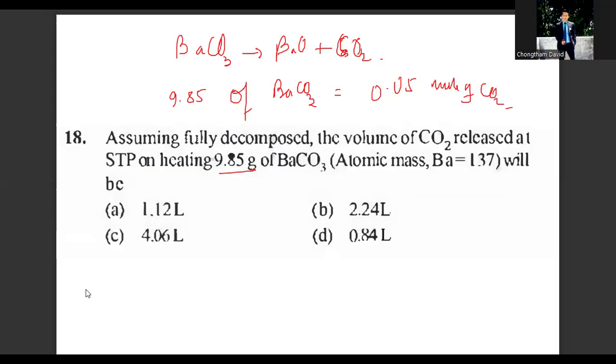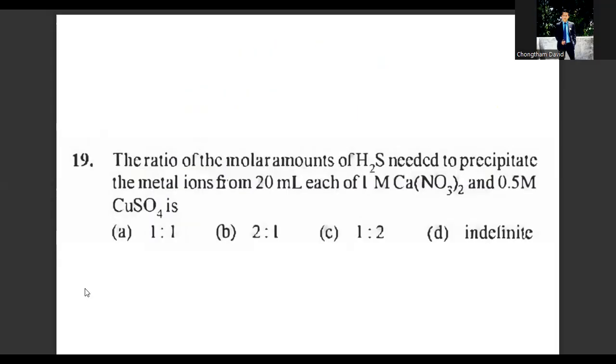Question number 19. The ratio of the molar amounts of hydrogen sulfide needed to precipitate the metal ions from 20 ml each of 1 molar calcium nitrate and 0.5 molar copper sulfate is. Moles of calcium to be precipitated would be approximately 0.02.